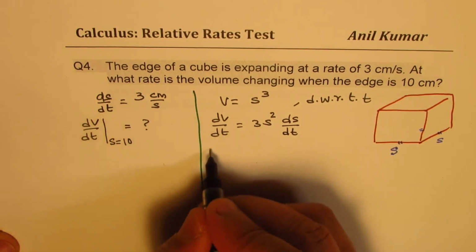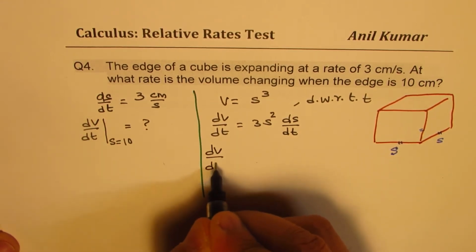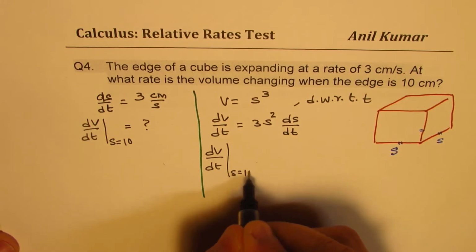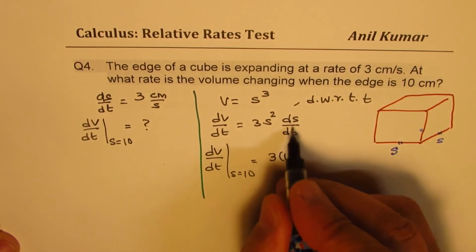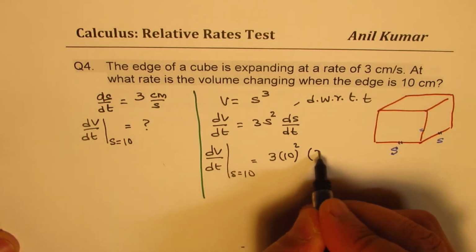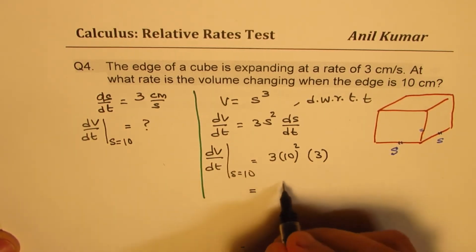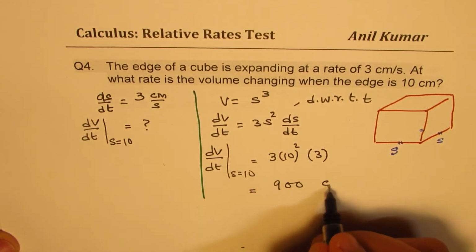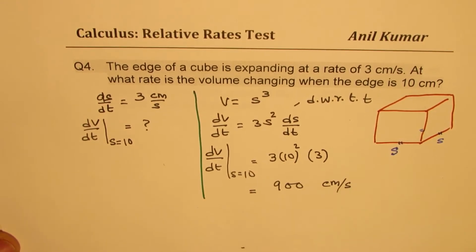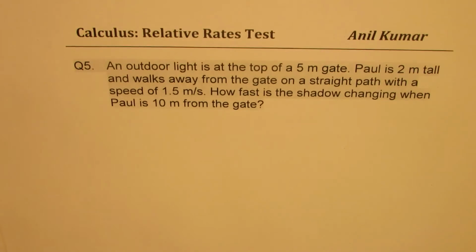We know ds/dt. So the rate of change of volume with time at S equals 10 should be 3 times 10 squared, and ds/dt is 3, right? So we get this as 900. And the units are cubic centimeters per second, correct? So that is how you could easily solve this question. I hope it is straightforward. Now let's move on to question number 5.